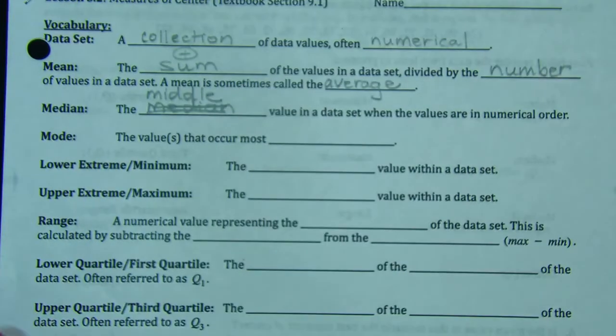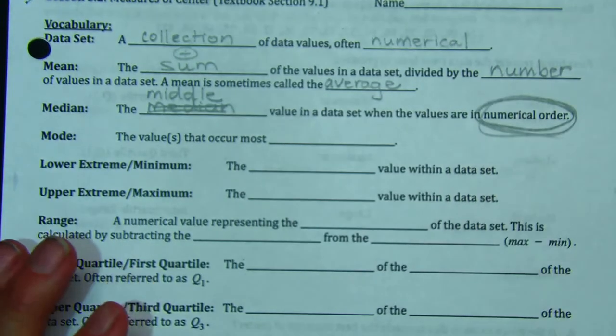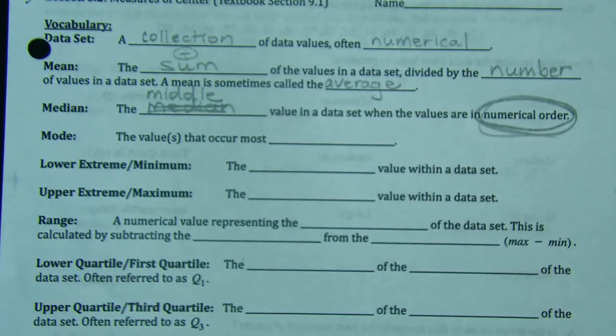So the median is the middle value in a data set, when the values are in, this is critical, numerical order. If you're given a data set, don't just look for the middle number. They have to be in order from least to greatest before you find that.